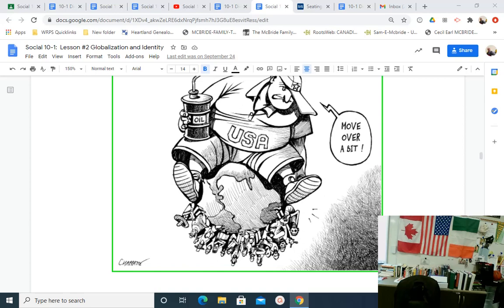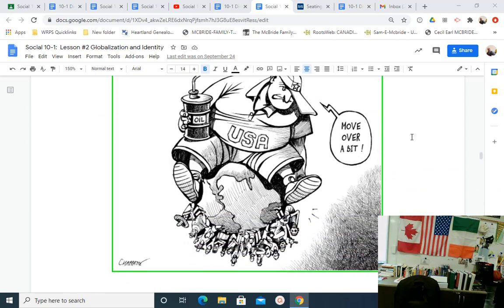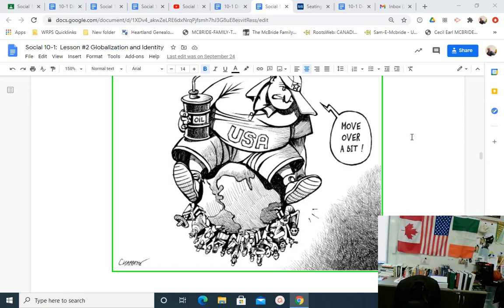Then what we try to do is connect it to globalization. And as we connect it to globalization, we really connect it to language. And one of the connections to language here is what we're seeing is the process of Americanization. So this cartoon is showing Americanization. It's showing the United States trying to dominate, trying to control the planet.